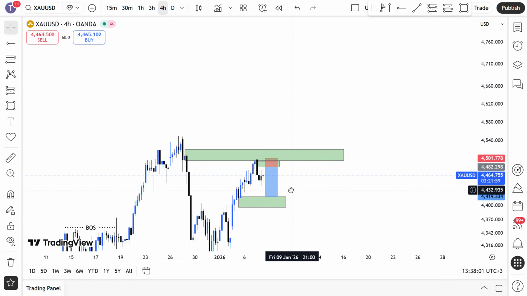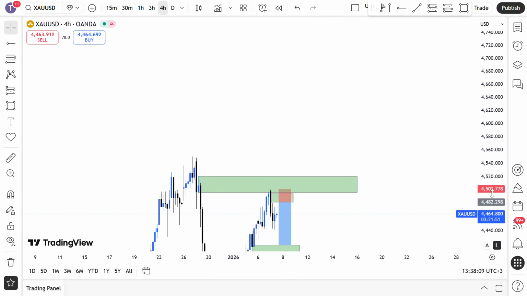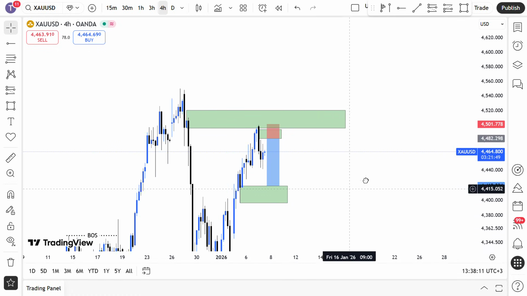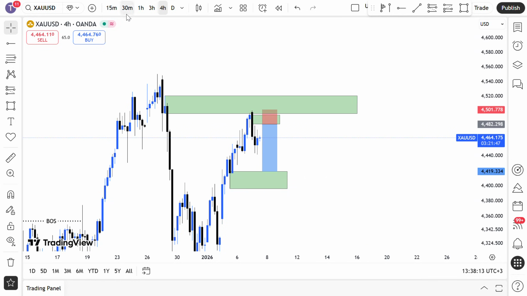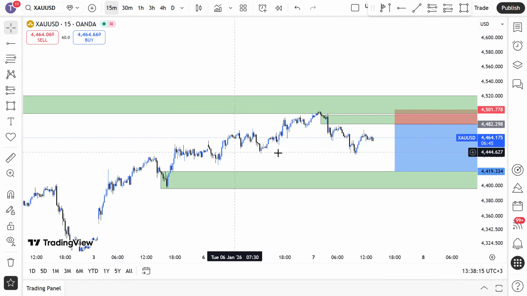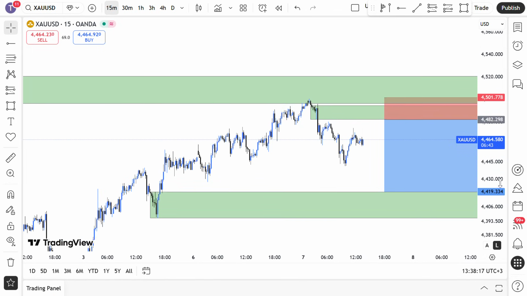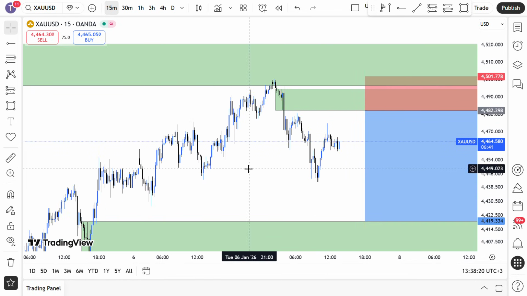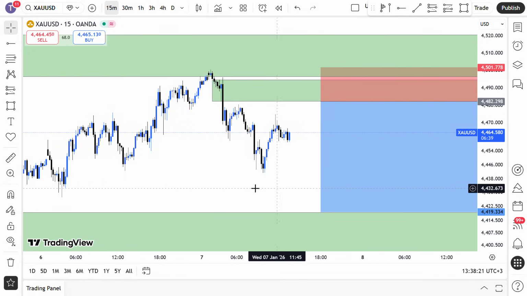So currently I want to see what the price will do when it comes into this 30 minutes order block, before I have a very good reaction to confirm my entry to the downside. So I'll stay patient to see what the price will do from that area before I take any of my selling opportunities to the downside.